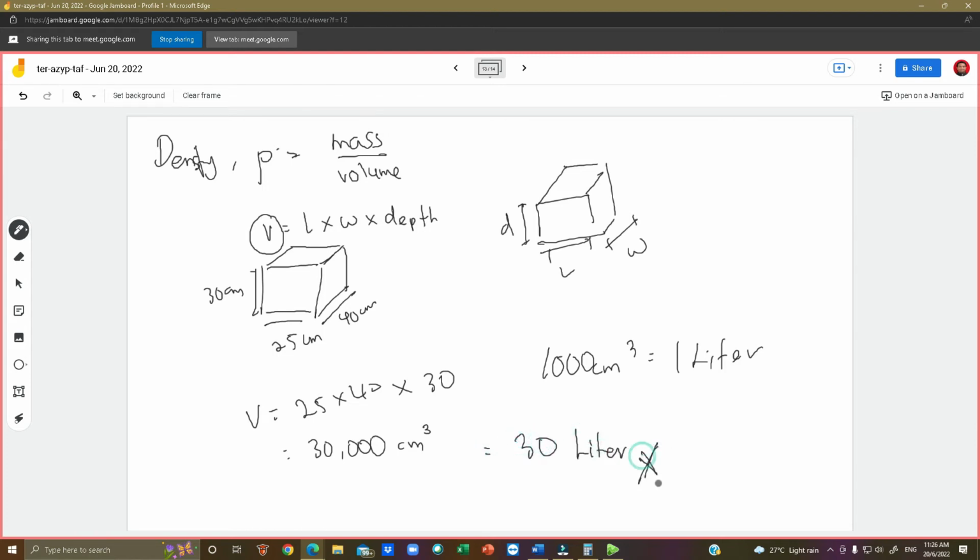Ni isi padu. It can be in centimeter cubed, it can be in liter.